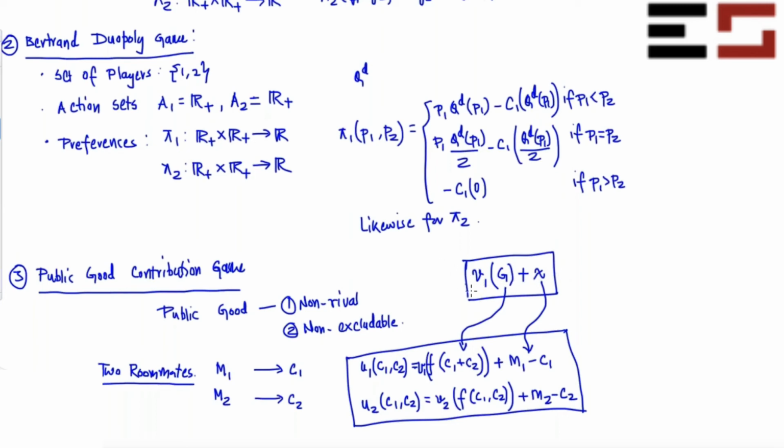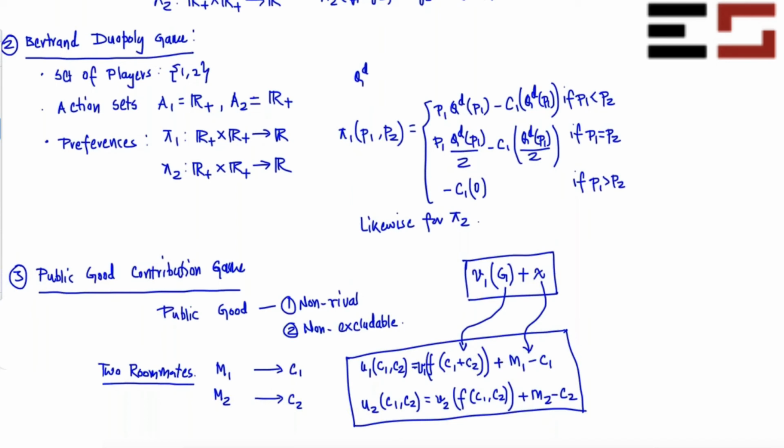So if you write the utility in terms of goods, where utility is a function of the commodities that you're consuming, then it is v1 of g plus x, and that's quasi-linear, right? Yes or no? That is why you call this quasi-linear. Is that clear to everyone?